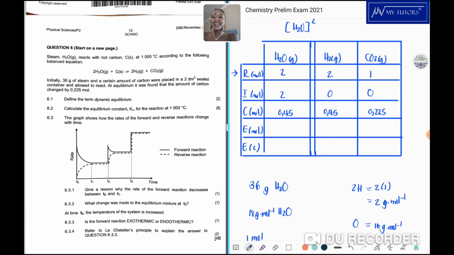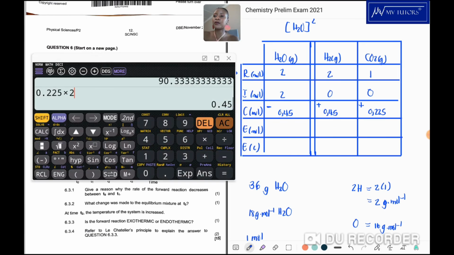And now to get the number of moles at equilibrium. Remember, the reactants are being used up while the products are forming. So if we take 2 and subtract 0.45, we're going to get 1.55.